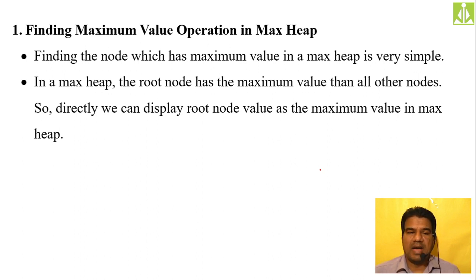See, if it is a max heap and you are looking for the maximum value, it is very easy. As we said, always the root node will have the maximum value amongst all the children present inside the heap data structure.